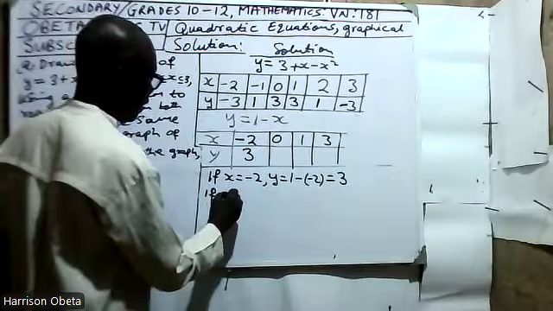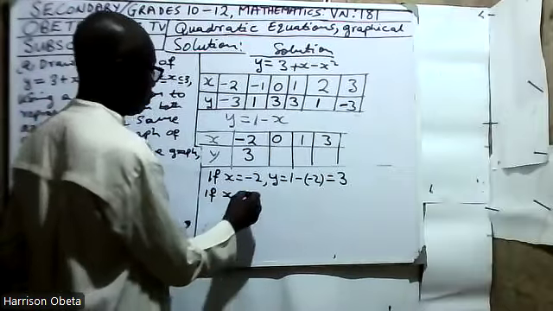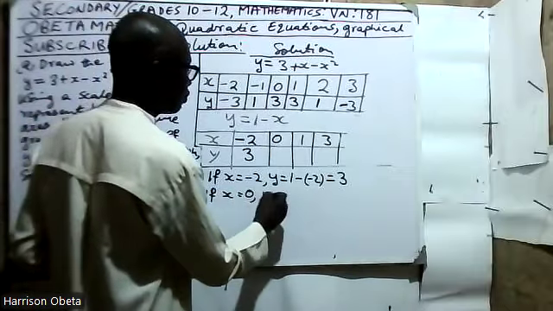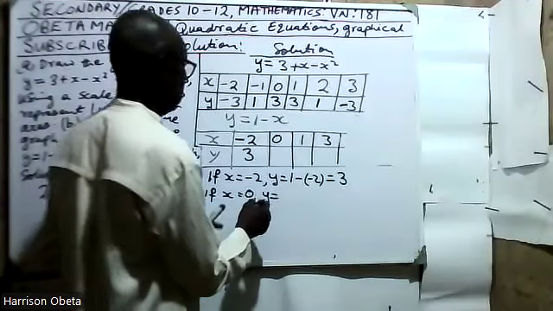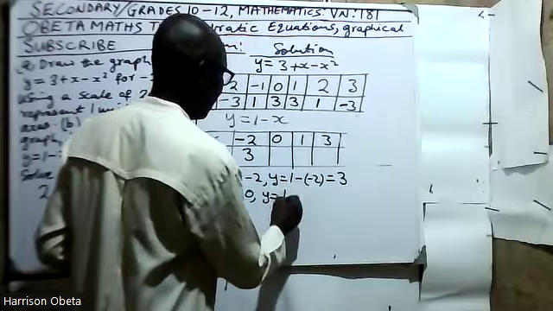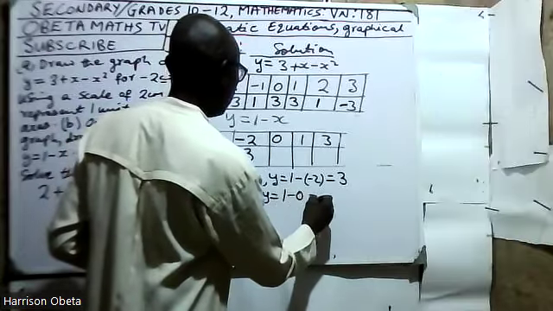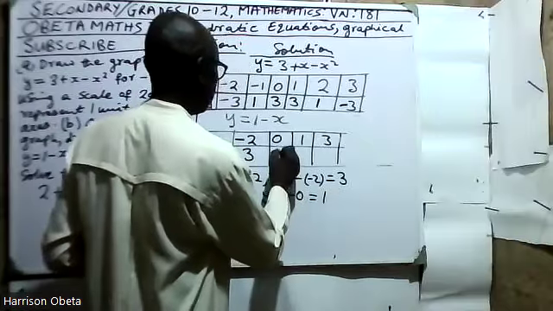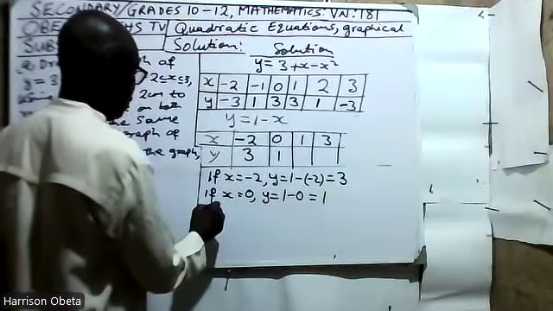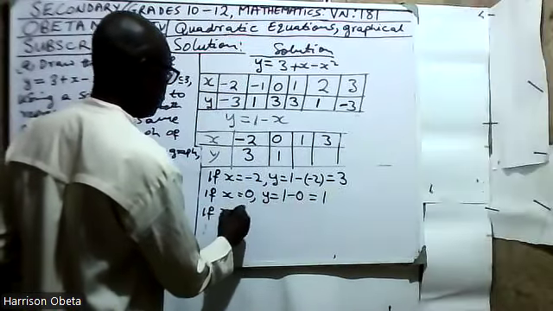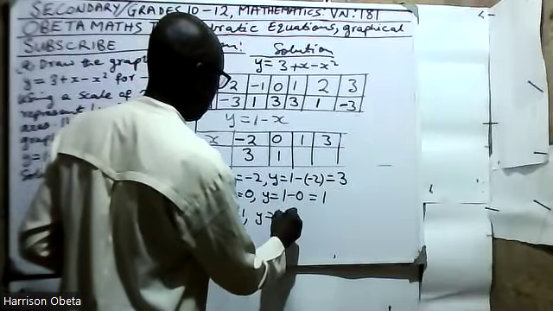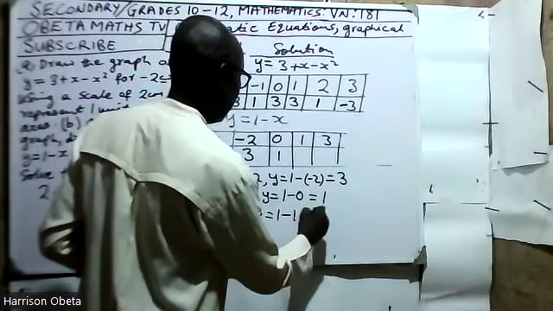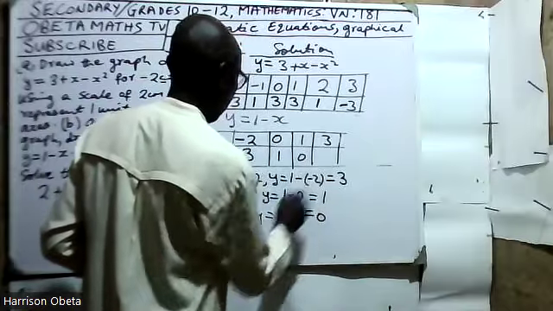If x equals 0, y should be equal to 1 minus 0, which is equal to 1. Now, if x equals 1, y should be equal to 1 minus 1, and that is 0.